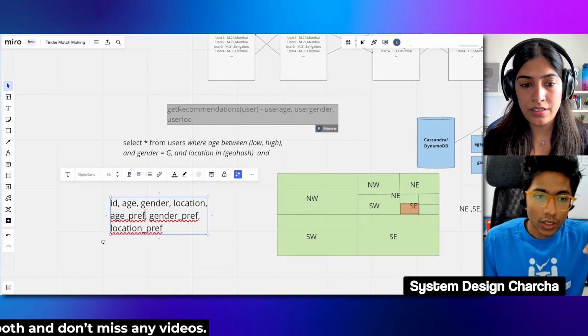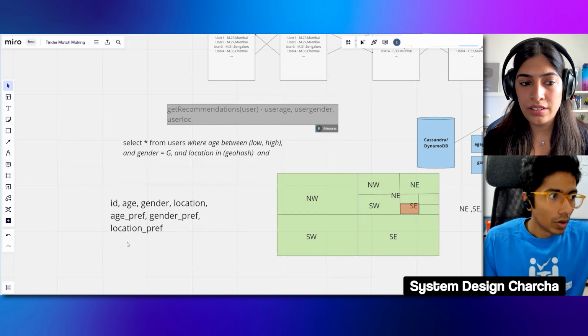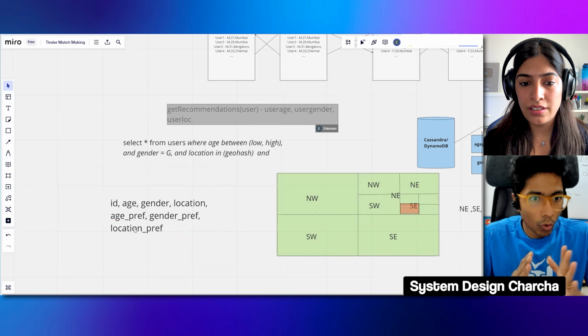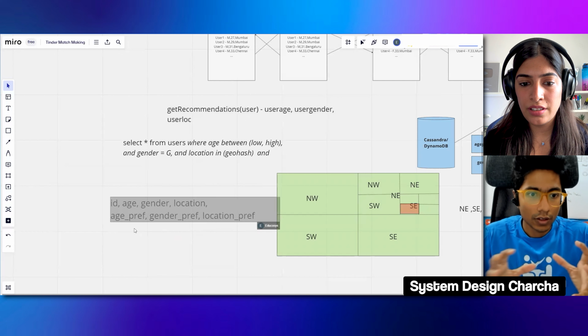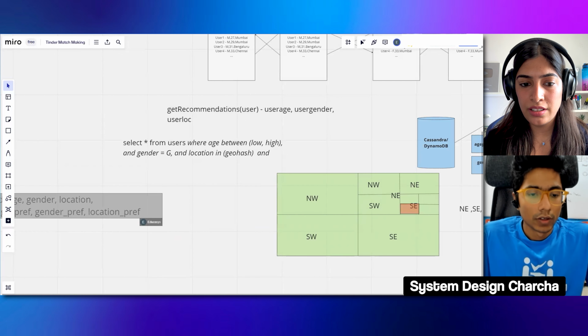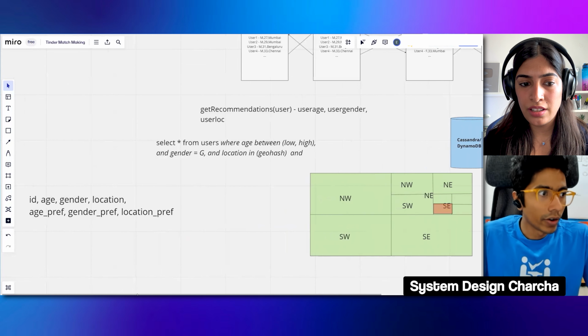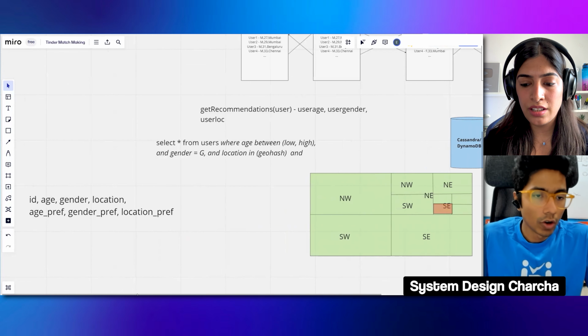It's not a single age. Gender pref is also a range, like male or male and female. And location pref is also some way to tell that I'm okay with anybody in this quad tree.